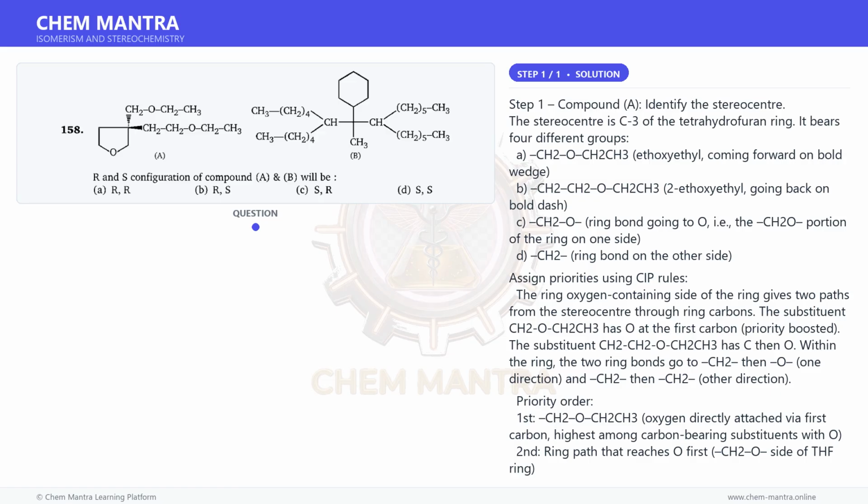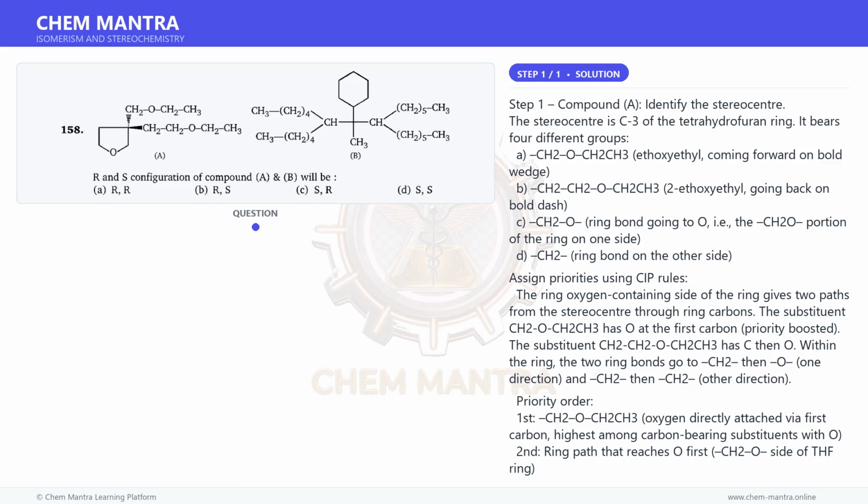The lowest priority group is actually on the bold wedge, coming forward. Re-examining: CH2OCH2CH3 is on the wedge, forward, CH2CH2OCH2CH3 is on the dash, back. The ring bonds are in the plane.